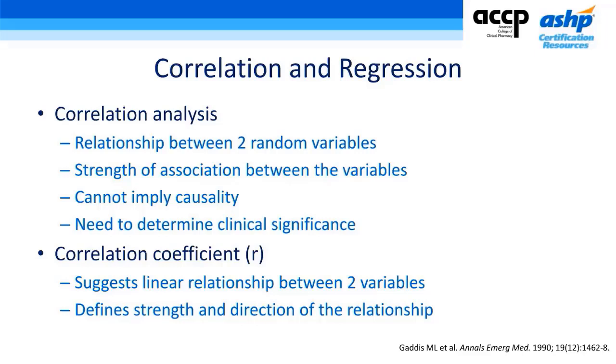The correlation coefficient, or R, is the value that helps you determine the correlation. So the correlation coefficient suggests the linear relationship between your two variables. Now, because the correlation coefficient is R, it can help define the strength and direction of the relationship between the two variables.